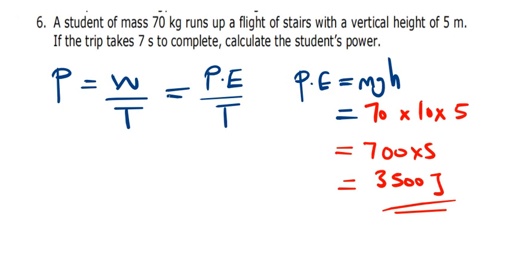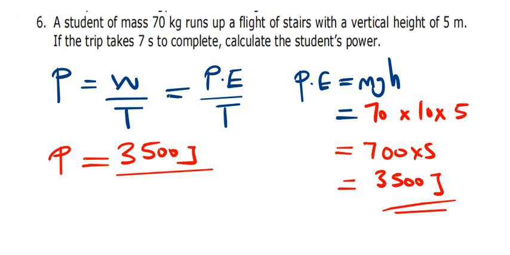Okay, now that I've got 3,500 joules, let me now find the power. So the power in this case, the potential energy we found, is 3,500 joules over the time. Now the time we've been given is 7 seconds.